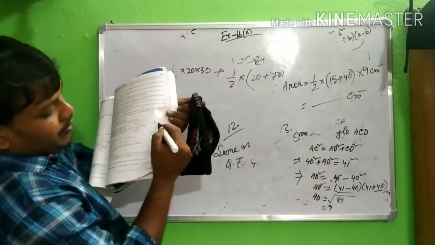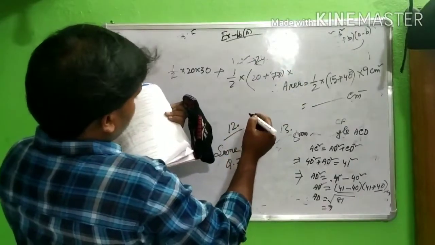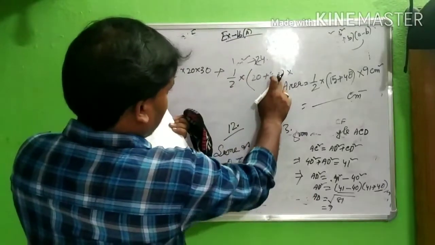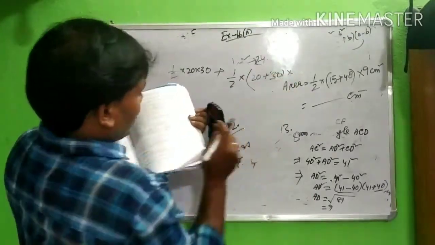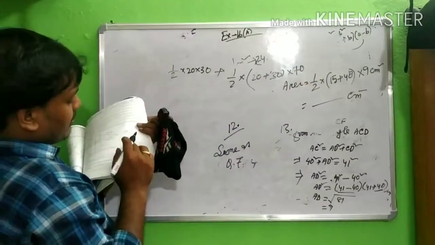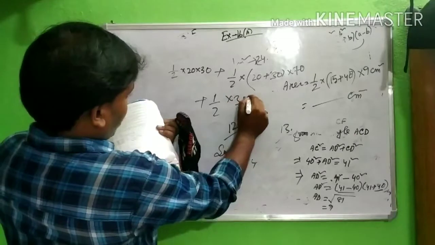Here 40, here 30, 70 into height 70, plus half into 30 into 50.